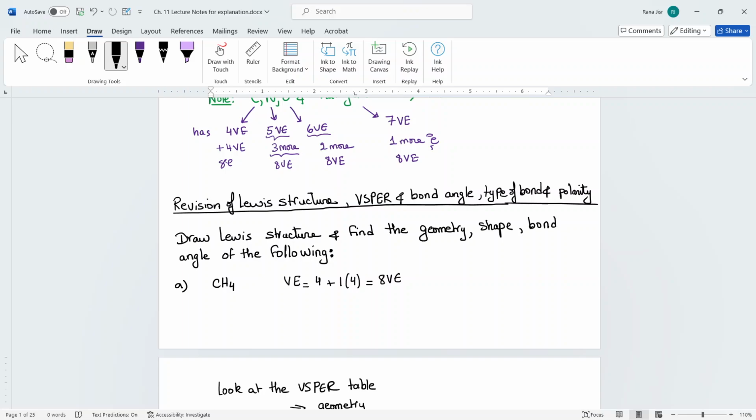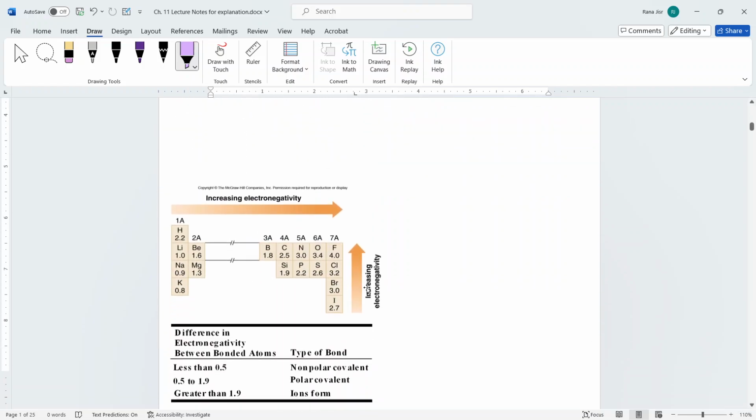So the rule says that you choose the least electronegative element, with the exception of hydrogen, to put in the center. Down there, I do have the electronegativity table. If you look at the hydrogen and the carbon, carbon is more electronegative. This is the electronegativity value compared to the hydrogen. But the rule says that the least electronegative element, with the exception of hydrogen, has to be in the center.